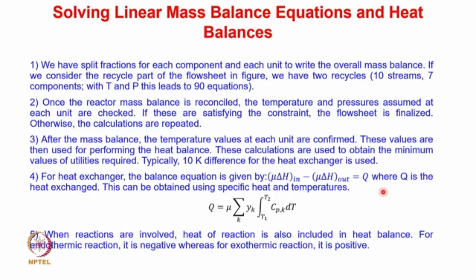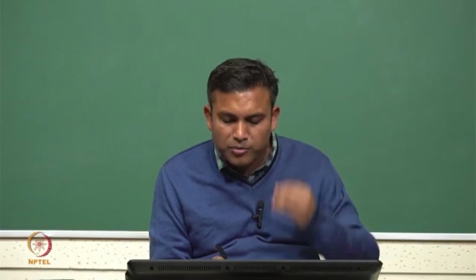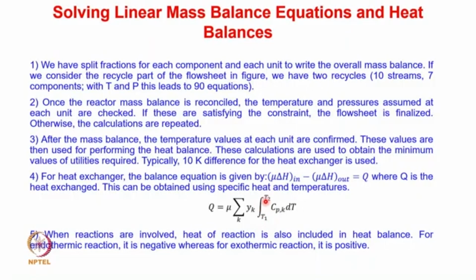And this heat exchange can be obtained as n summation of y_k, and this is nothing but the integral of Cp dT. So here we are assuming that the Cp is a weak function of temperature, and that is why integration is given. If we assume that the Cp is not varying significantly with temperature, in that case a very simple equation we get, something as m Cp dT, isn't it, to find out Q.